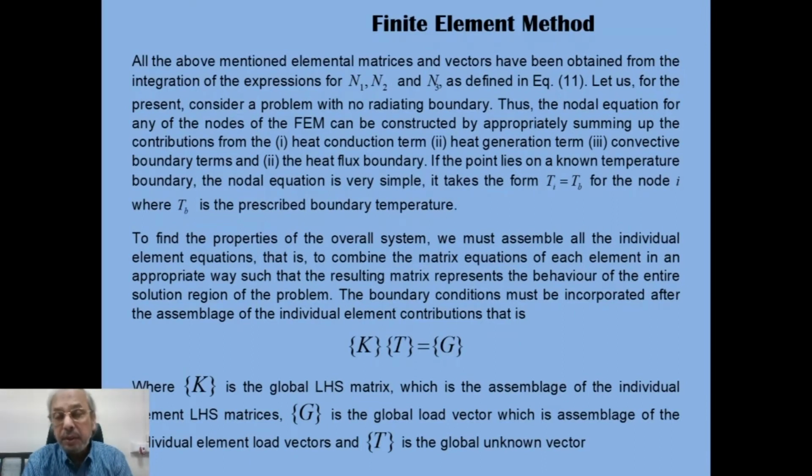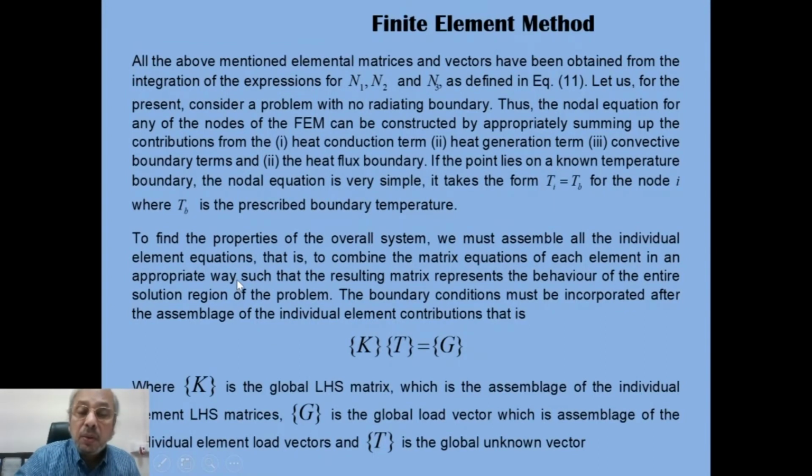on individual element triangles. To find the properties of the overall system, we must assemble all the individual element equations, that is, combine the matrix equations for each element in an appropriate way.